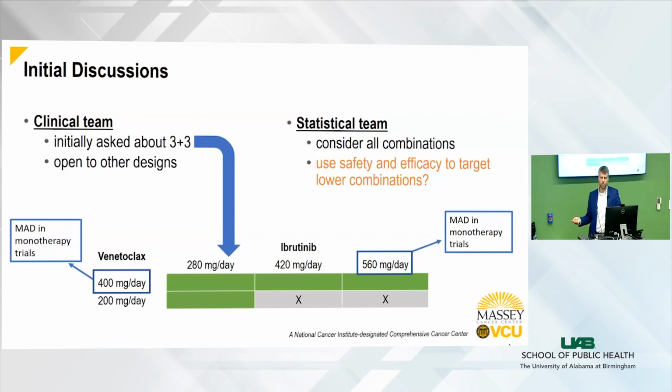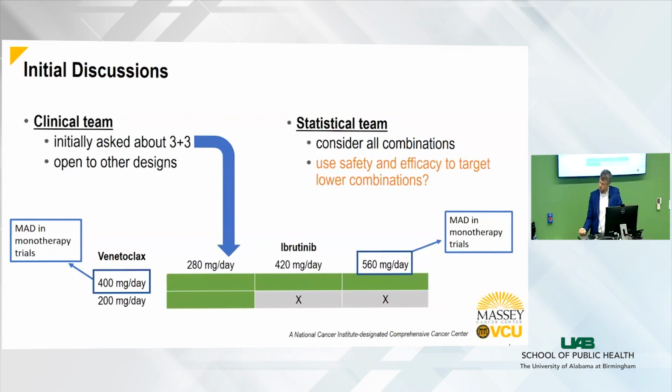Let's consider all combinations if you're really interested in what's the optimal combination among this grid of 6. And let's use both safety and efficacy to target lower combinations. So we had conversations about, is there a relevant efficacy endpoint to use that's observable in a short period of time? Could we use that to target lower doses?